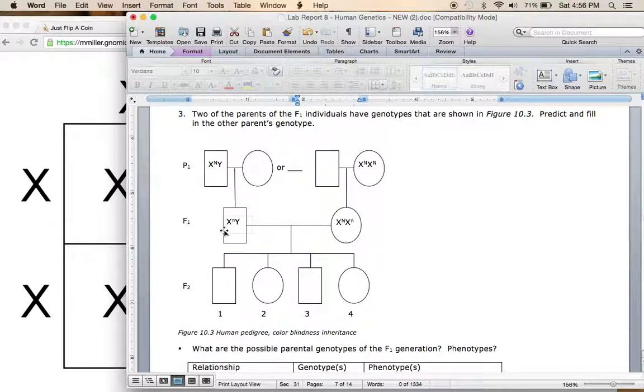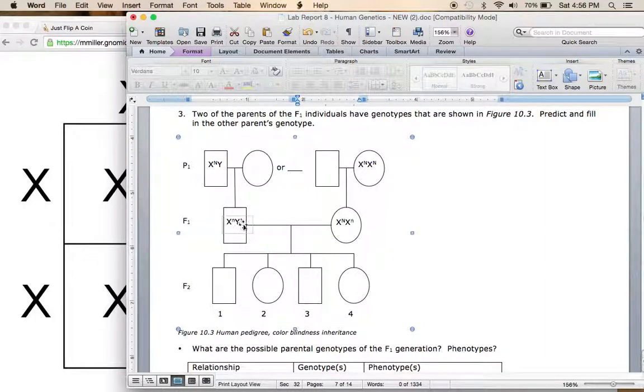This male has an abnormal X chromosome and a normal Y chromosome. We are given the genotype of his father, which is a normal X chromosome and a normal Y chromosome. We know that this Y chromosome had to come from the father because there is no Y chromosome in the mother to donate to the son. So the Y chromosome that the son has came directly from the father.